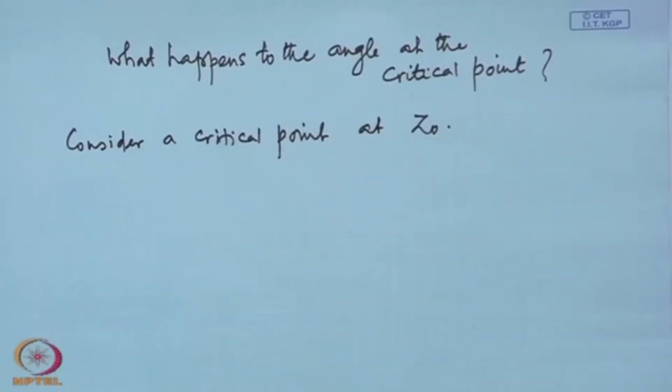Remember, at the critical point the function is analytic; a critical point is not a singular point. So, near the critical point we can expand the function in a Taylor series. A critical point is a point where the function is analytic.